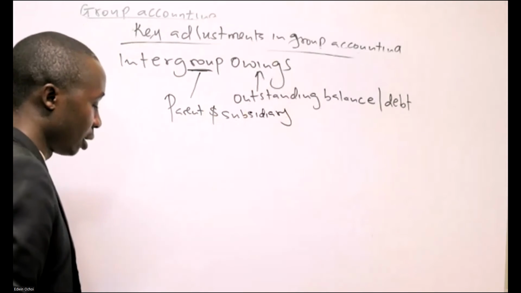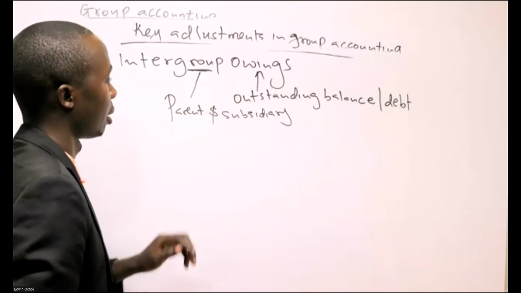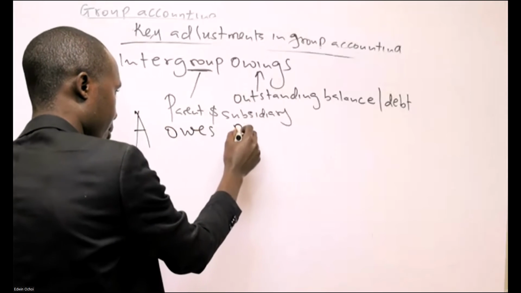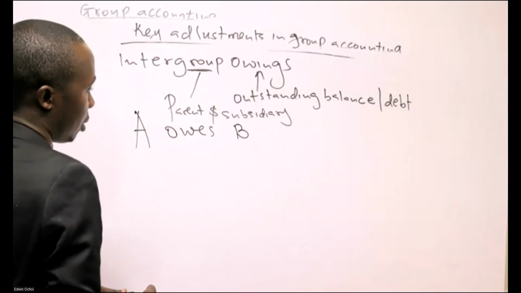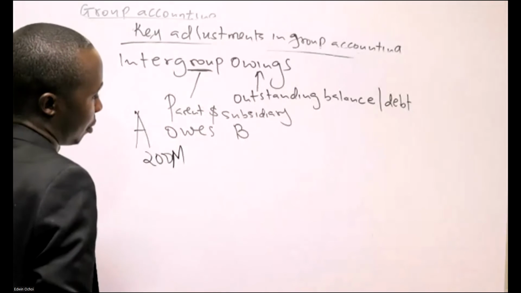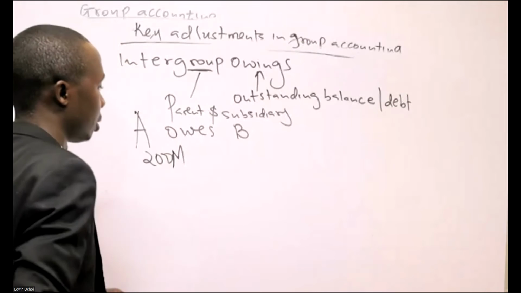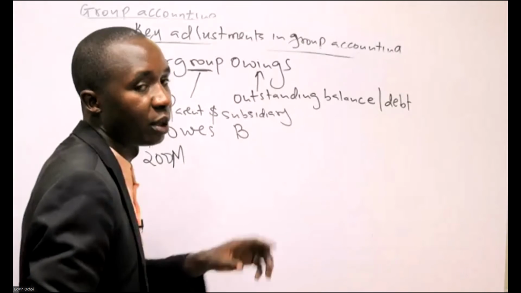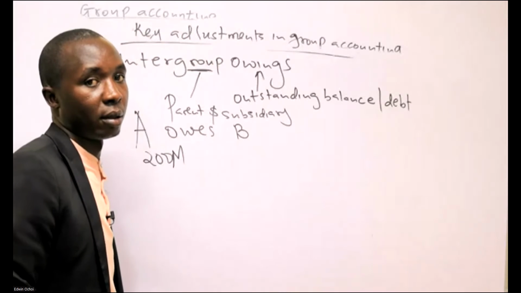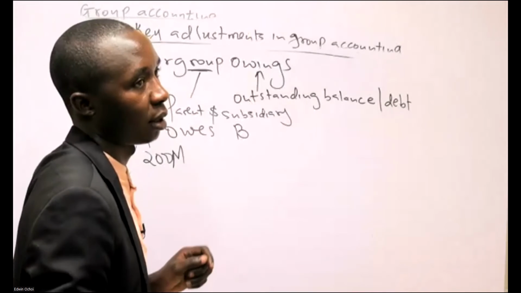So let's say there's an outstanding balance between parent and subsidiary, A owes B 200 million, and this amount by the end of the year has not been settled by A. When we will be closing our books, the amount has not been settled by A. This amount is not supposed to be carried forward to the next financial year.